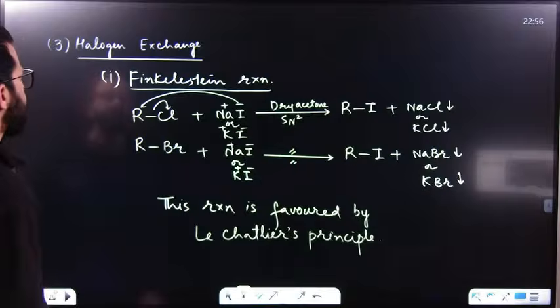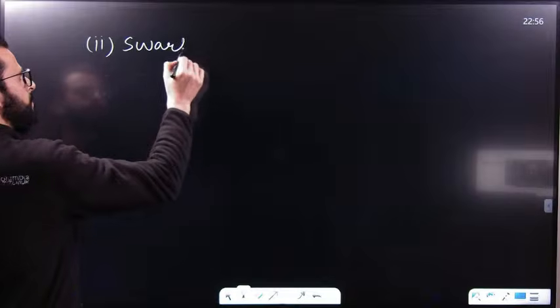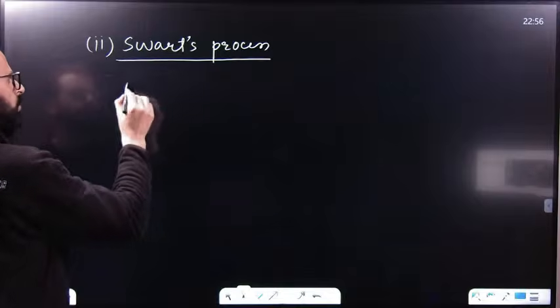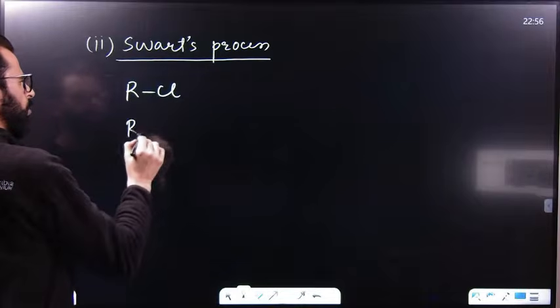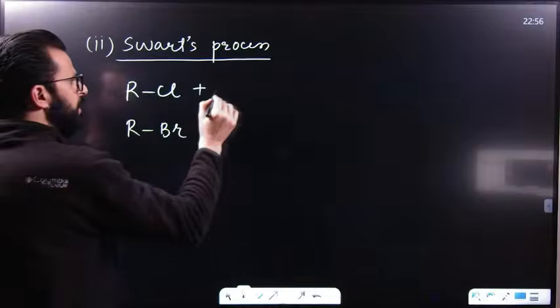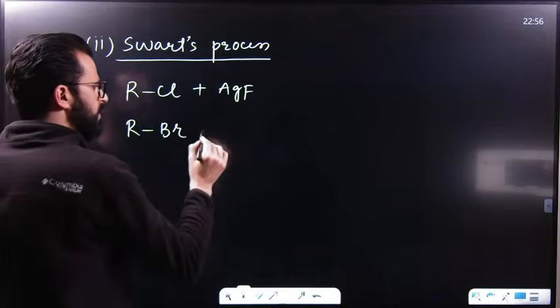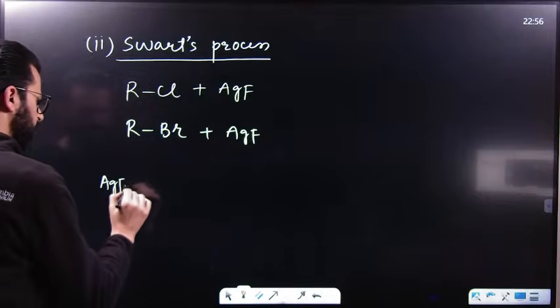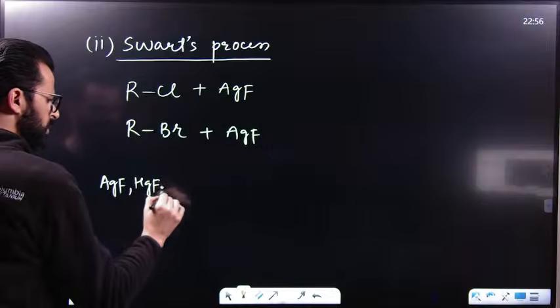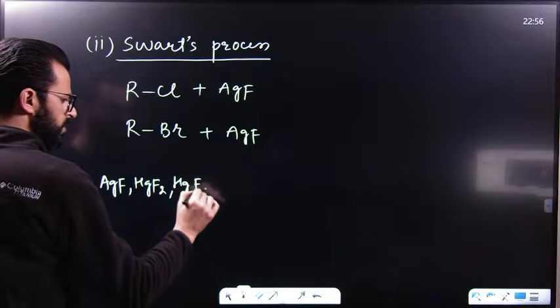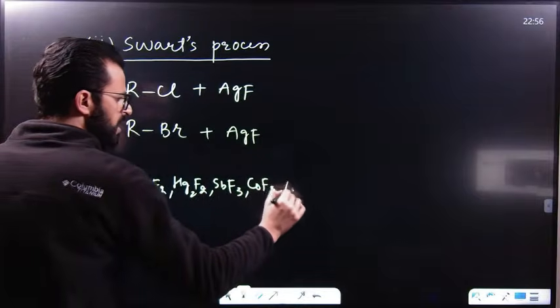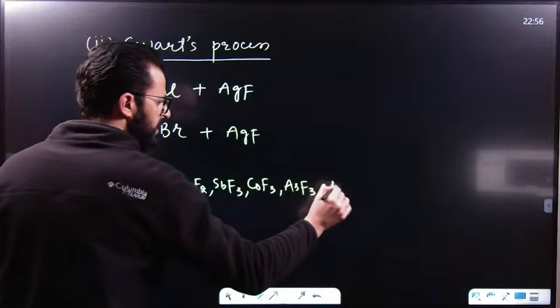Now, the second halogen exchange reaction is the Swarts process. Have a look. If you have alkyl chloride or alkyl bromide and you react them with heavy metal fluorides like AgF, Hg2F2, SbF3, CoF3, AsF3, etc., heavy metal fluoride should be there.